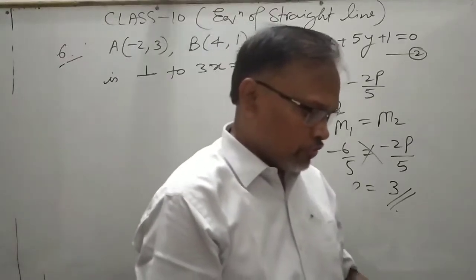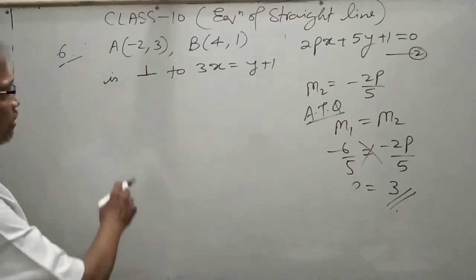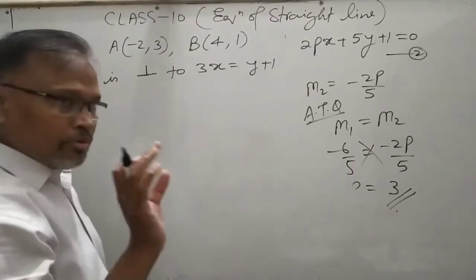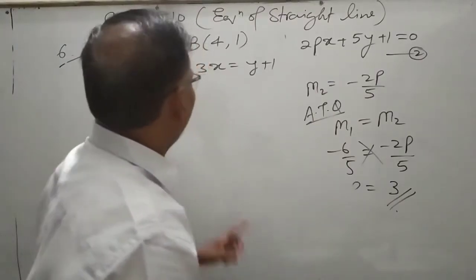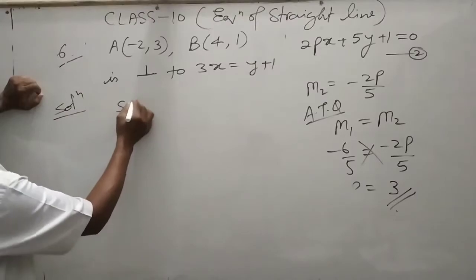You have to show whether the line joining points A and B is perpendicular to this line. Before that, you find the slope of the line AB. So what is the slope?